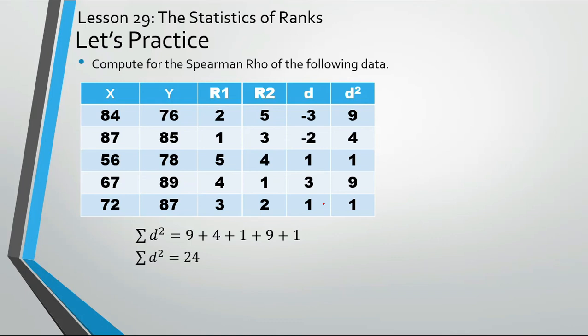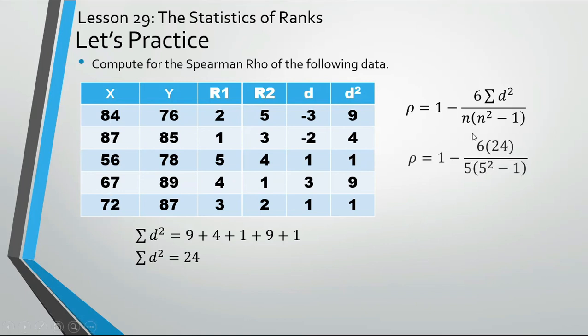Ngayong meron na akong summation ng d squared, all I have to do is to substitute it in the Spearman-Rho formula. So, ano nga ba Spearman-Rho formula? Ayan. Rho is equals to 1 minus 6 times summation of d squared over n multiplied by quantity n squared minus 1. So, isa-substitute na lang natin. Ano nga ba ang n natin? So, bilangan natin 1, 2, 3, 4, 5. So, meron tayong 5.